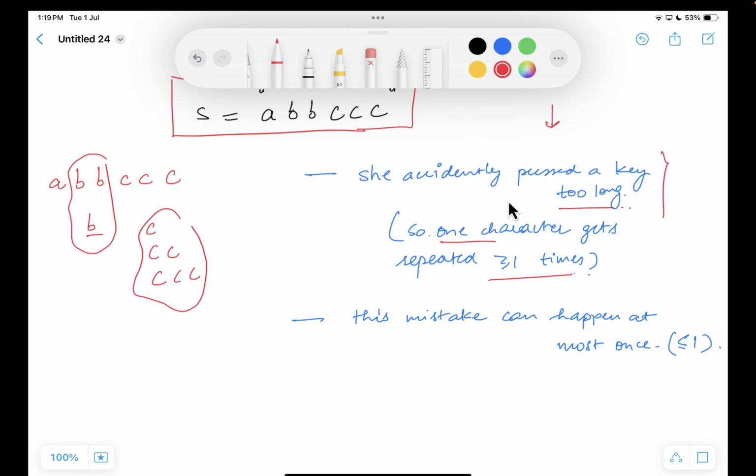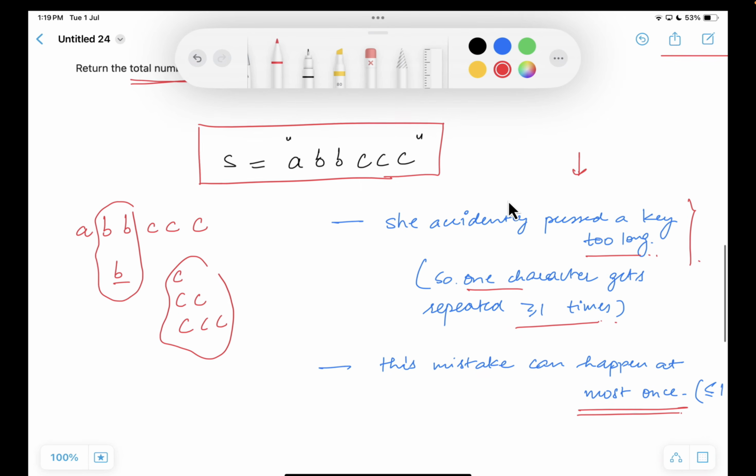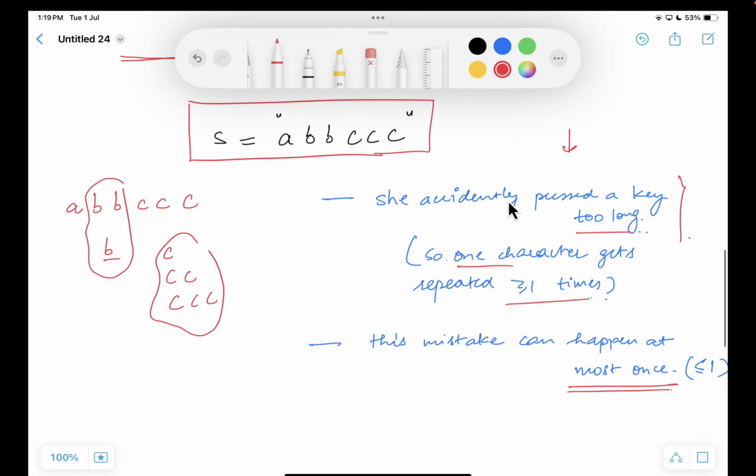She also guarantees that this mistake can happen at most once. Here she wanted to type A, she typed A. She wanted to type B, she typed B. She wanted to type B, C, C, C.